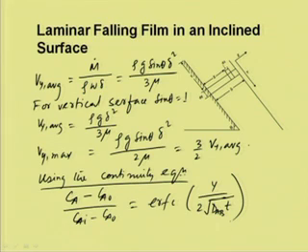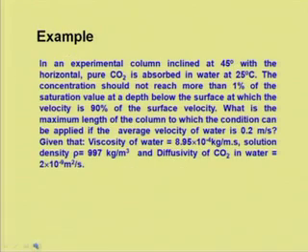So, now let us consider a very simple example where the surface is inclined at 45 degrees with the horizontal and pure CO2 is absorbed in water at 25 degrees centigrade. The concentration should not reach more than 1% of the saturation value at a depth below the surface at which the velocity is 90% of the surface velocity.